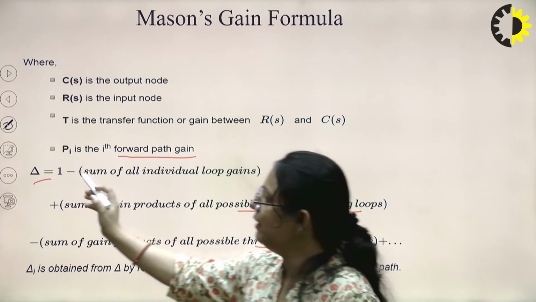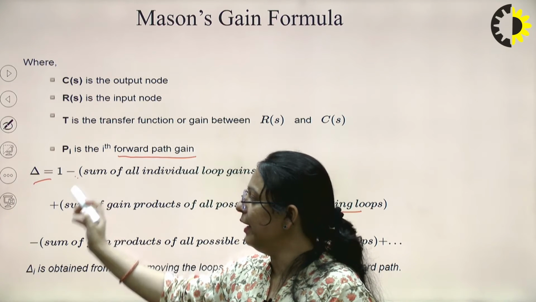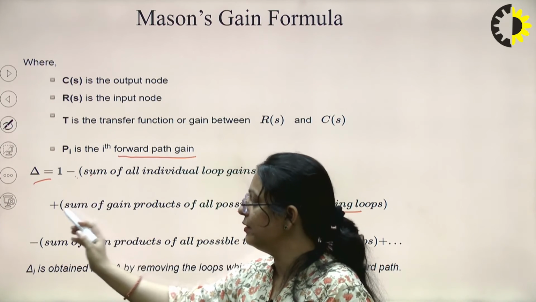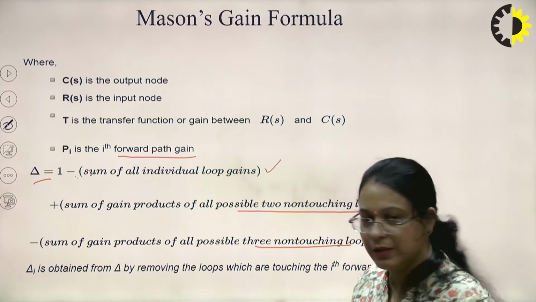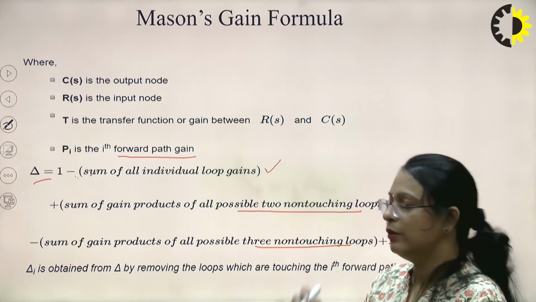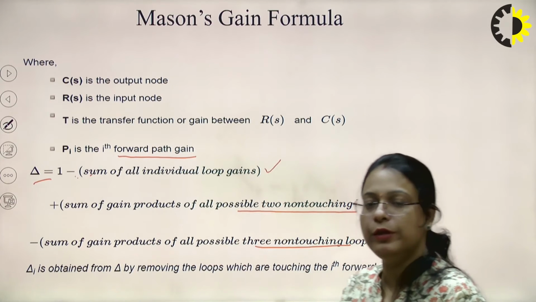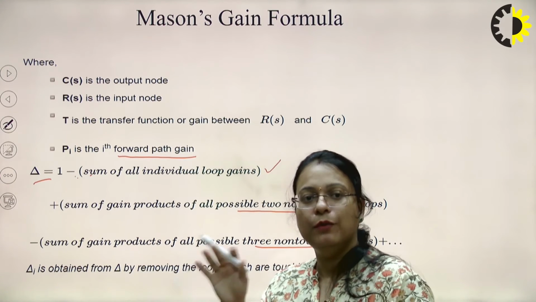See, it starts with a minus sign and it is an alternating sign, minus then plus then minus then plus. It starts with the individual loop gains, then 2 non-touching loops, then 3 non-touching loops, then 4 non-touching loops, whatever is possible, we can go till that.